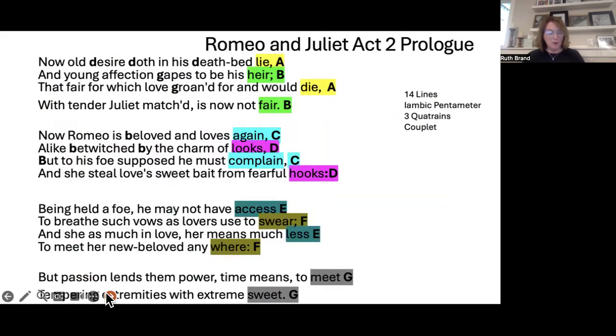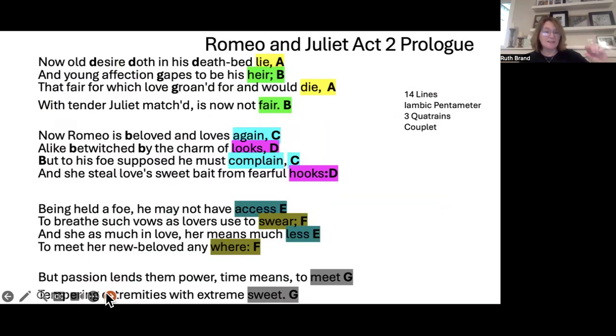In the prologue, at the beginning of Act 2, we have a sonnet. And if you notice the form, if you just look at the shape, something we do when we look at poems often in classes that you've had with me before, this is a sonnet. And within the sonnet, there's 3, see those 3 chunks there? Those are like stanzas, we call them in poems, but they're quatrains.